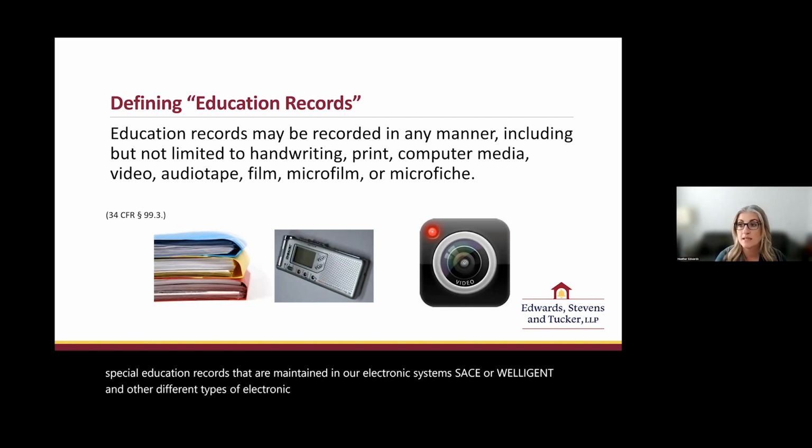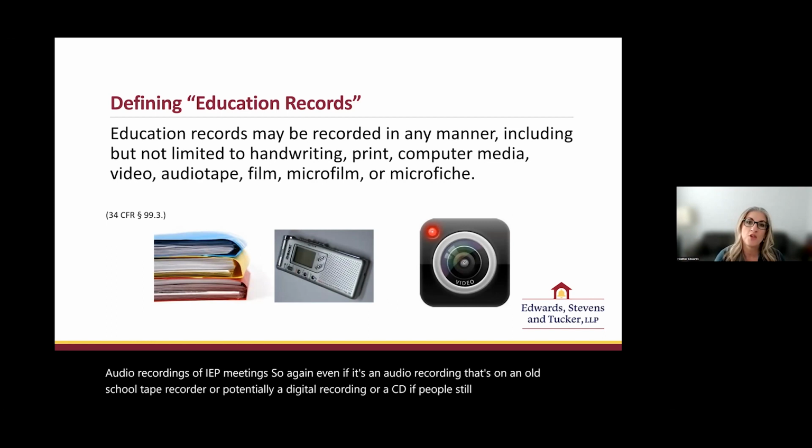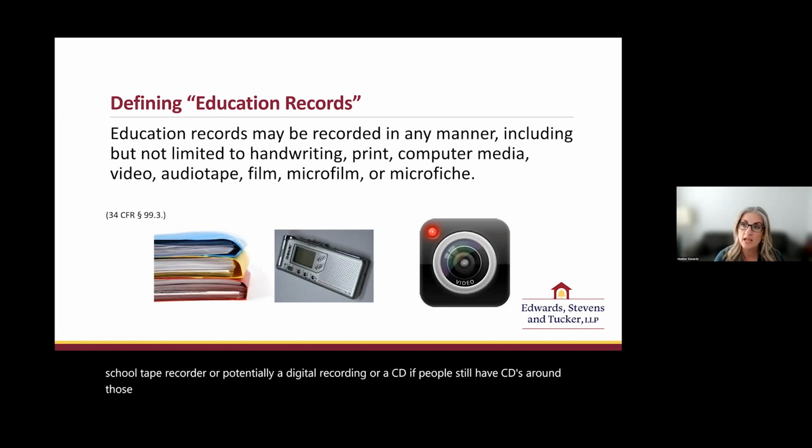It also comes up when we're talking about audio recordings of IEP meetings. So again, even if it's an audio recording on an old school tape recorder, or potentially a digital recording, or a CD, if people still have CDs around, those could all be considered educational records that the parent may be entitled to upon request.